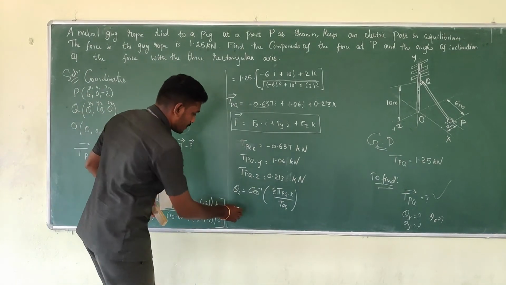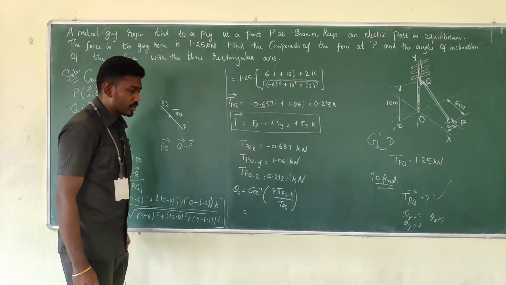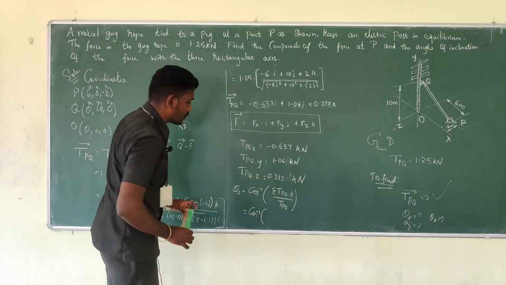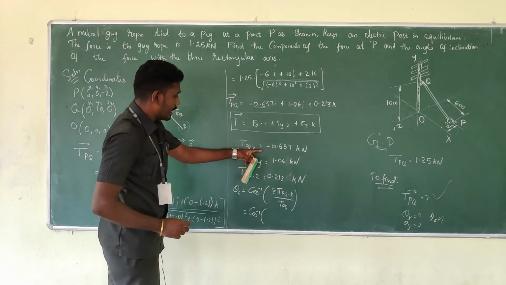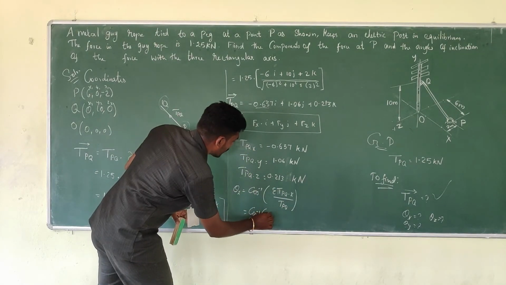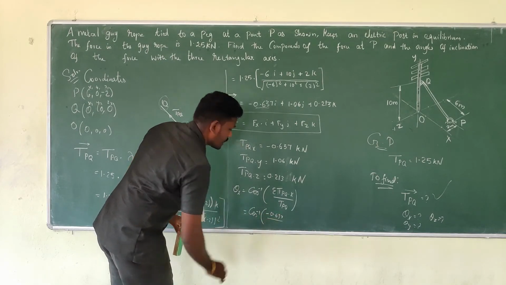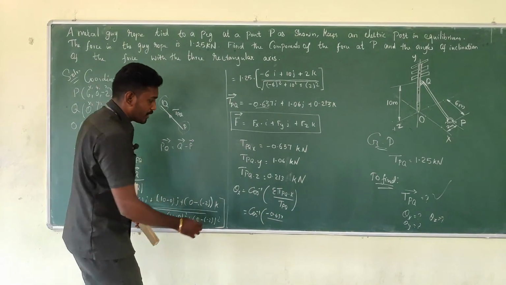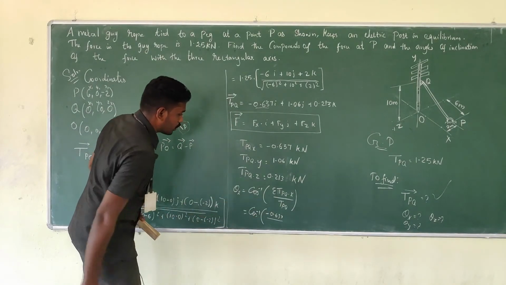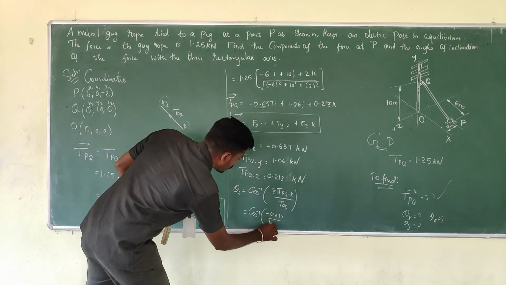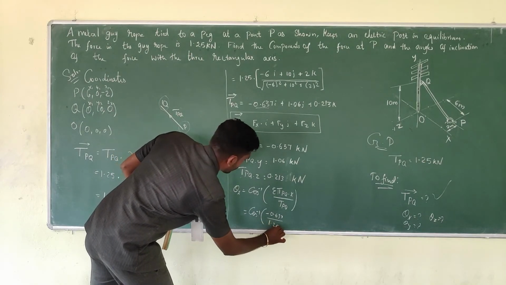In the same manner we have noted it here in terms of tension. So cos inverse of TPQ in x direction, which is minus 0.637, divided by TPQ, which is given in the question as 1.25.